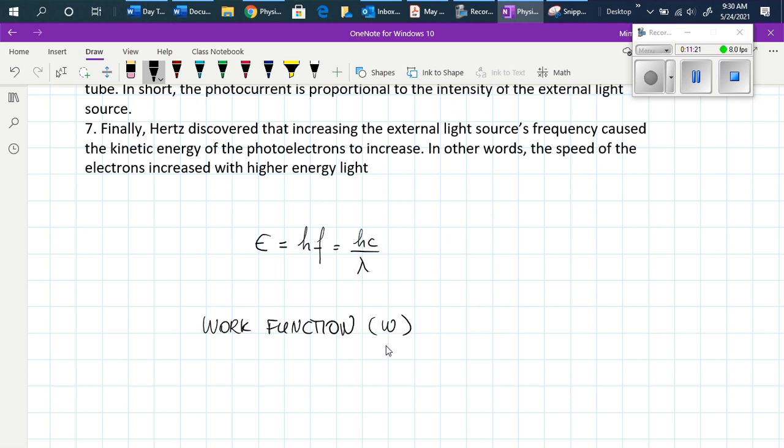Further, Hertz had discovered that light below the threshold frequency will not free any electrons. So the frequency of the light had to be at or above the threshold frequency. Using the concept of work function that Einstein introduced, and the Planck theory, he said that this work function is Planck's constant times the threshold frequency.